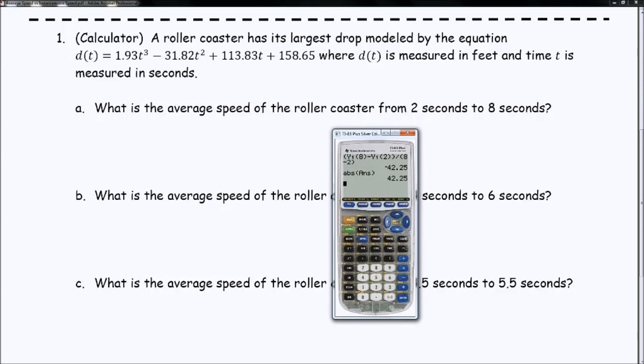All right. And so in terms of our problem, we want to know what is the average speed from 2 to 8 seconds.